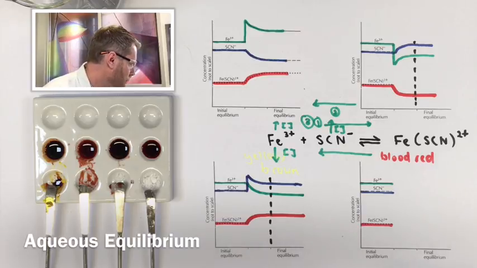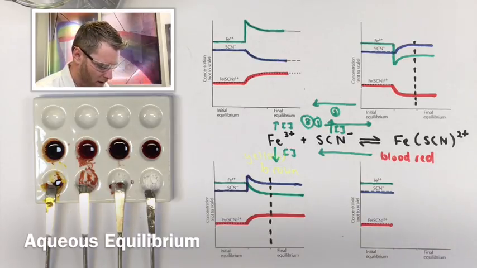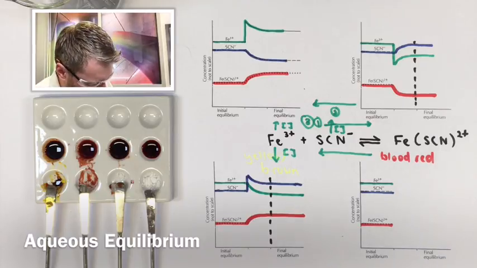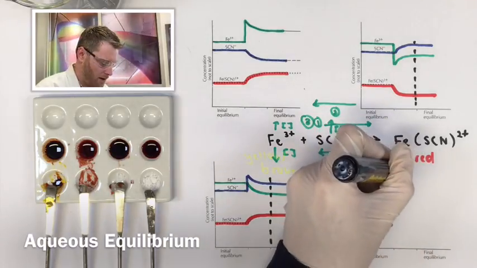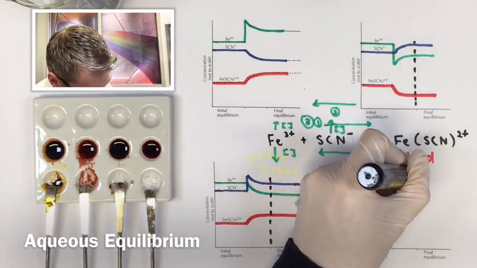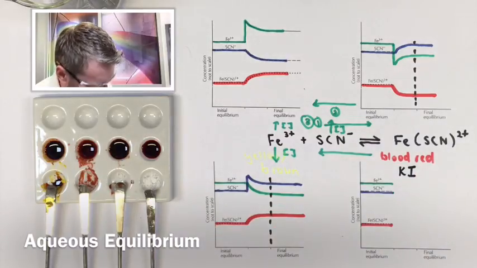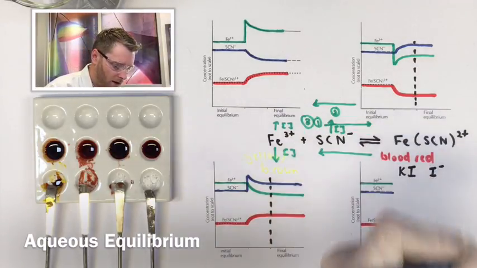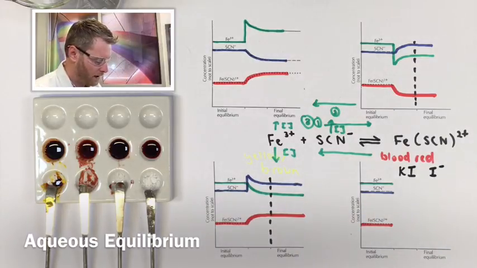All right, for the final trial, we're going to add some potassium iodide. All right, so for this one, we're going to add KI. Now, in the potassium iodide, we have the iodide ions, and these are a reducing agent.